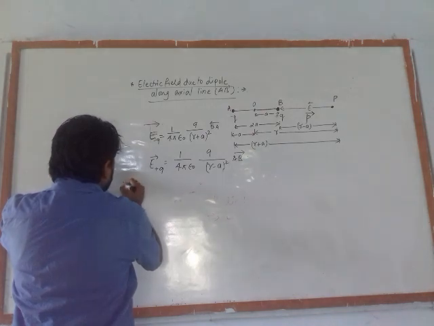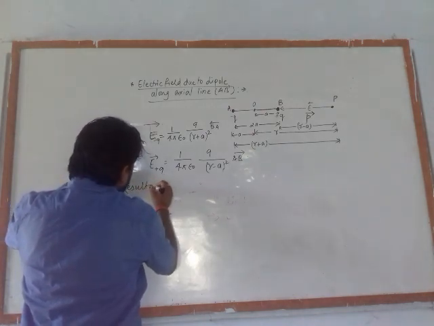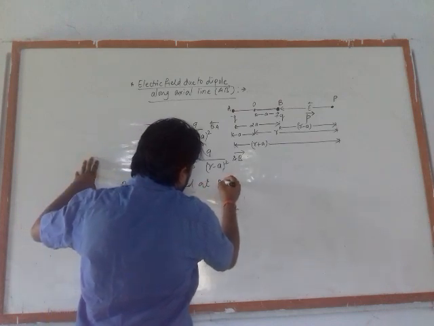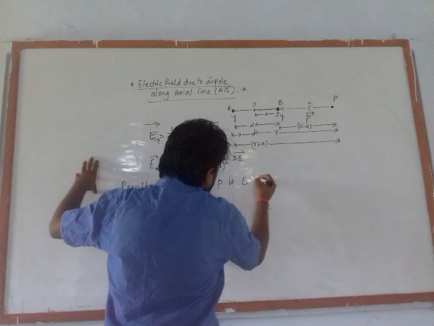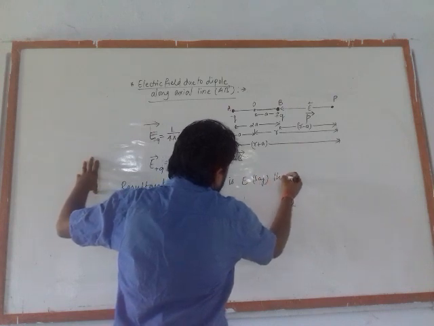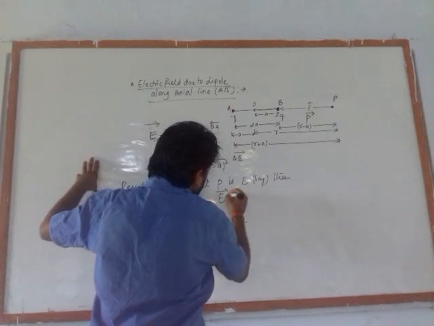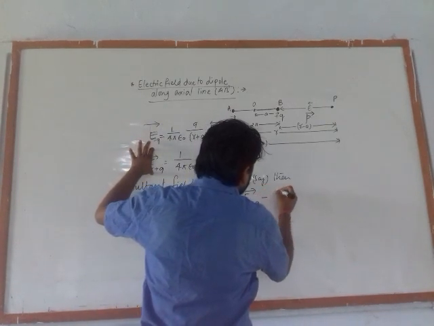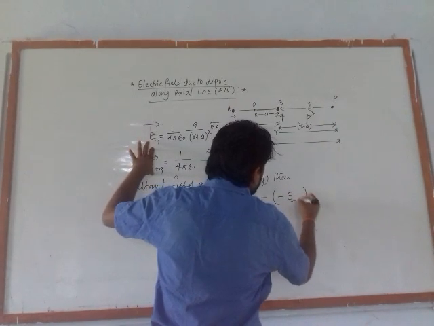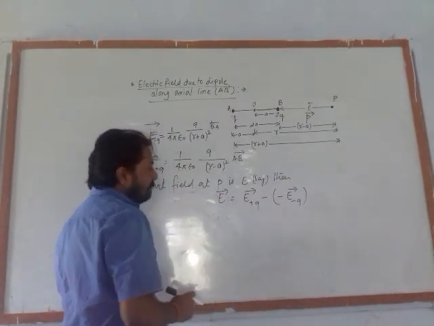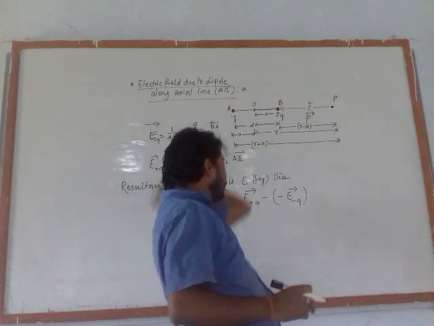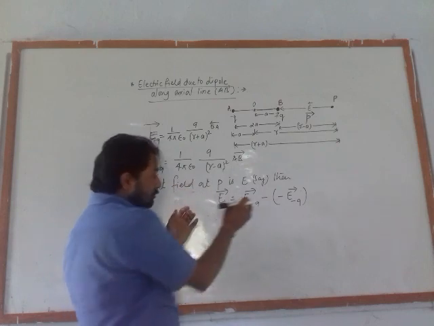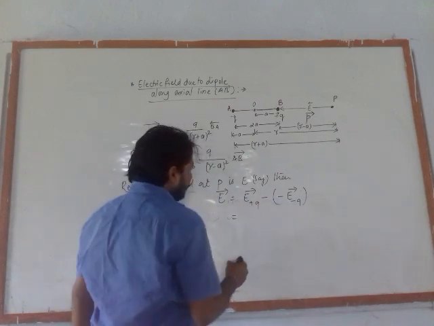Here I write the resultant field at P as E, then E can be written as E plus Q vector minus E minus Q vector. Why have I taken this minus? Because it is acting opposite to E plus, and both are vectors. Since the E minus vector is negative itself, minus and minus will be plus.